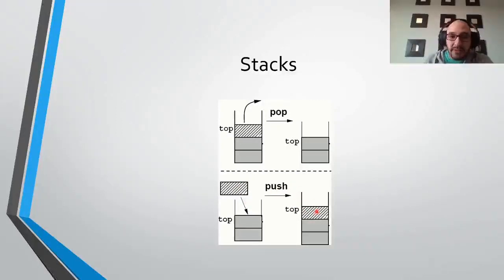Something important to keep in mind is that I only have access to the element at the top. When I'm popping, I can only pop the first element on the stack, and if I'm pushing an element, I can only push it at the top of the stack. So I cannot really do anything with elements that are further down the stack.